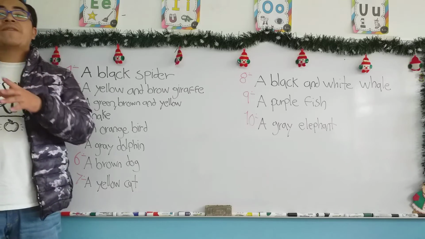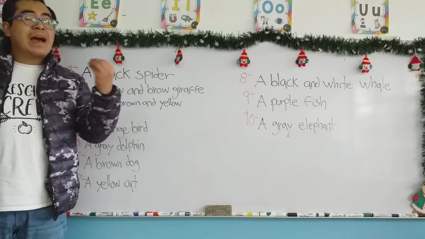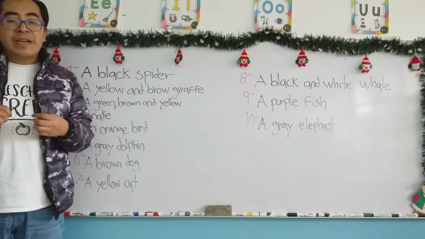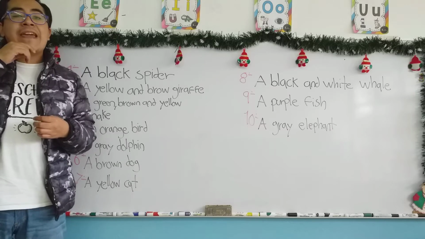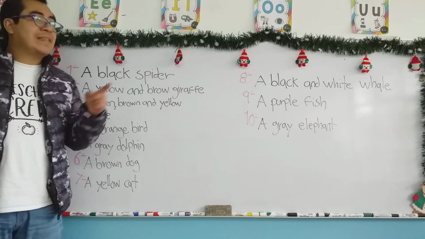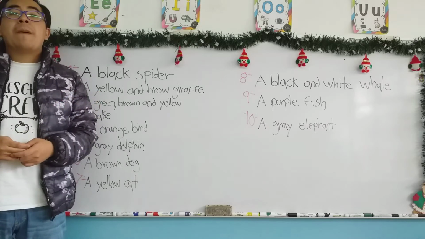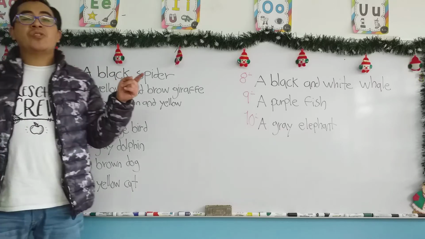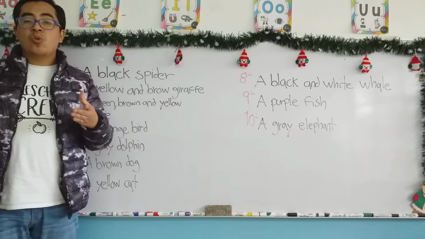Now, each one of the sentences is describing an animal and its color. So for this activity, we have to draw and to paint the animal that the sentence is telling us. Para esta actividad, chicos, cada una de las oraciones nos está describiendo un animal y su color.